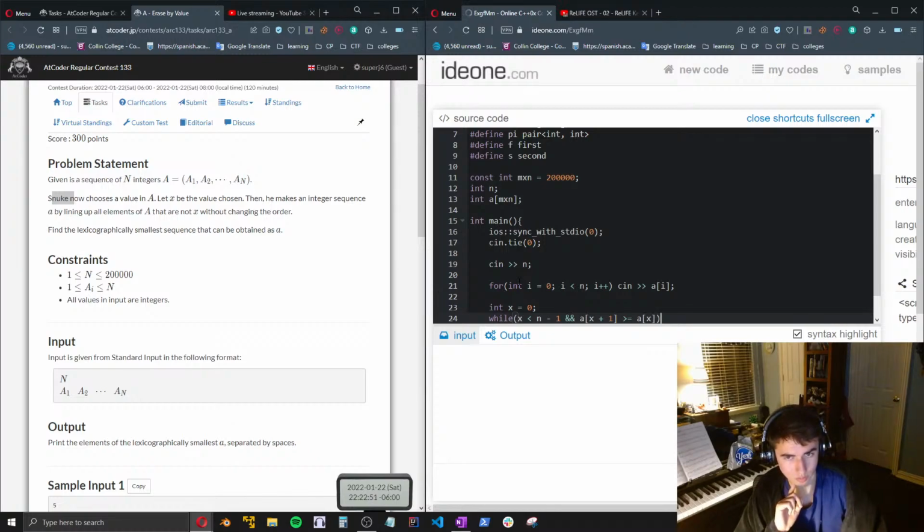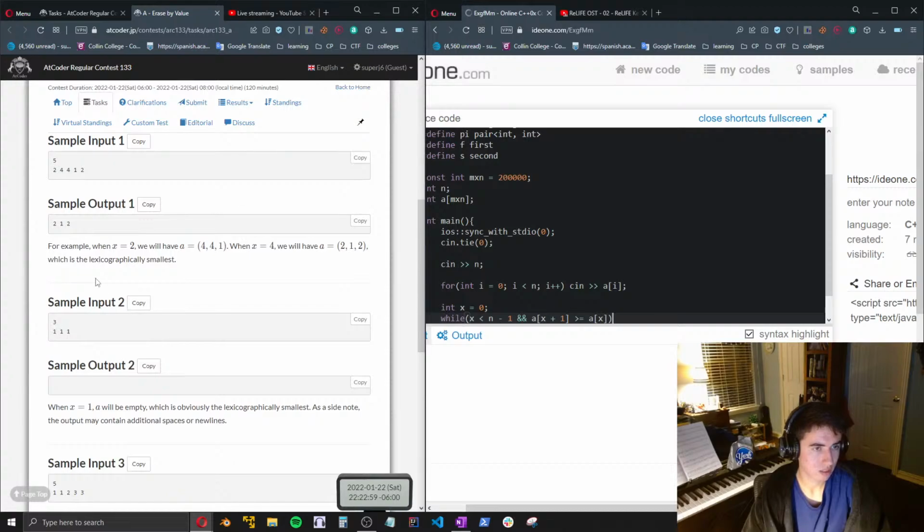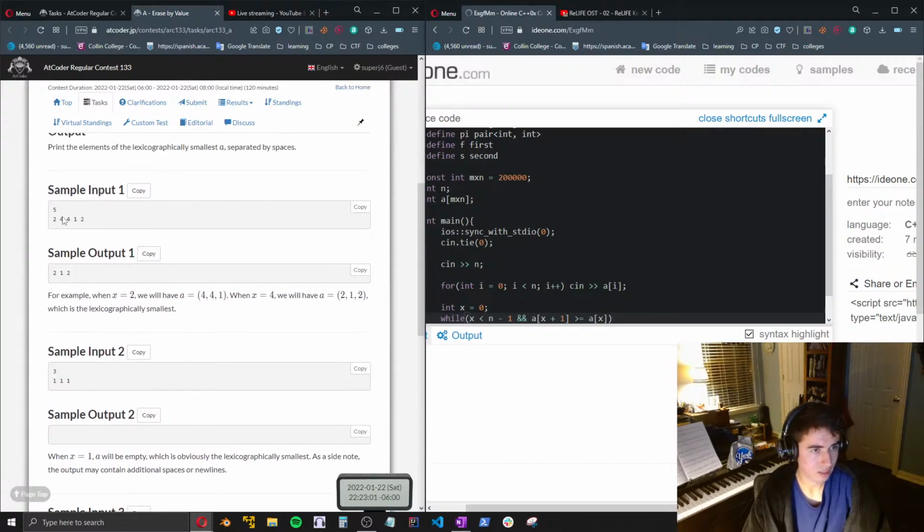Should do, wait, what? No, we just take the first value that is not equal to 0.